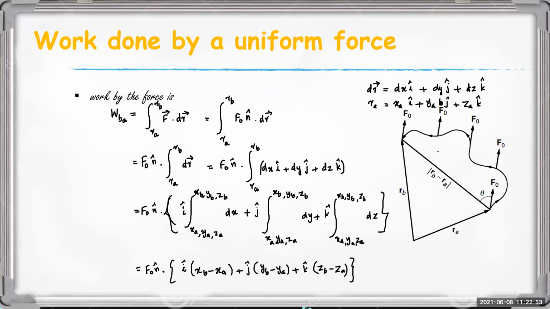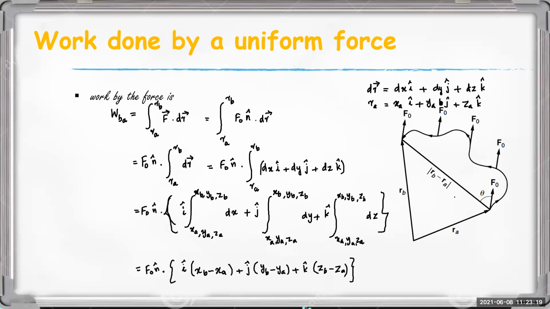This line is the RB minus RA. Here we take F0 in this direction. Then the angle between RB minus RA and F0 is theta. The direction of F0 is n cap. Then the angle between n cap and RB minus RA is theta.